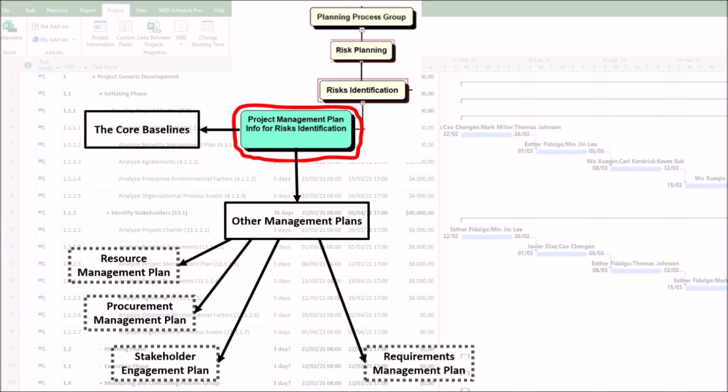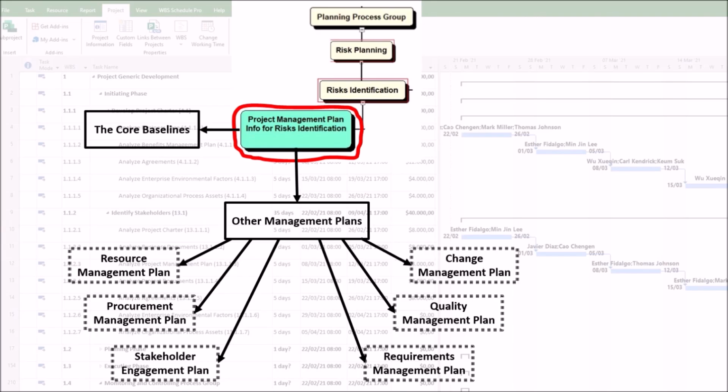Fourth, Requirements Management Plan points to risks of unstable, changing, or poorly traced requirements. Fifth, Quality Management Plan identifies risks of failing to meet quality standards, leading to rework, recalls, or customer dissatisfaction. Sixth, Change Management Plan highlights risks related to how changes are handled, such as an excessive number of change requests disrupting the project flow. 3.